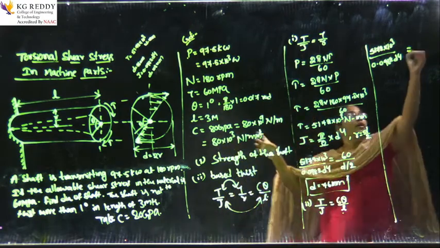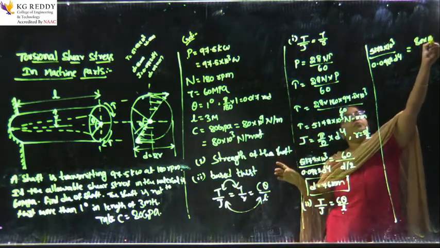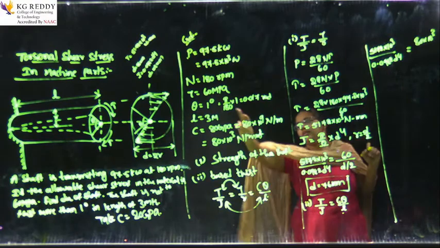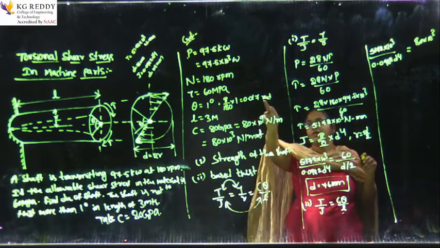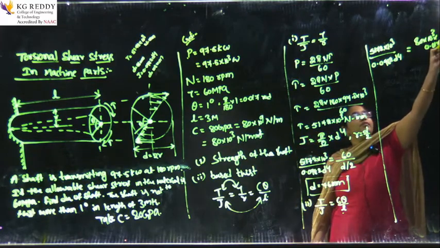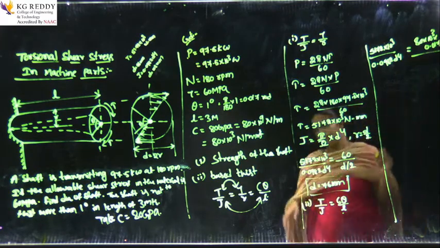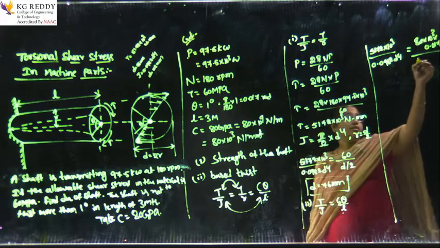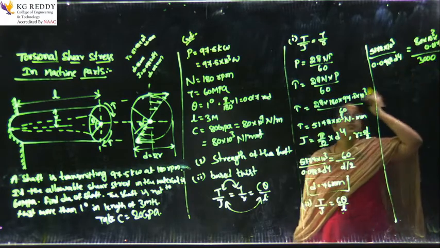So here 80 into 10 cube into theta, 1 degree converted into radians, that is 0.017 radians, divided by L, 3 meters, in terms of mm 3000 mm.